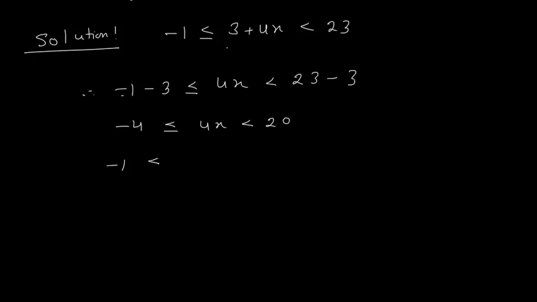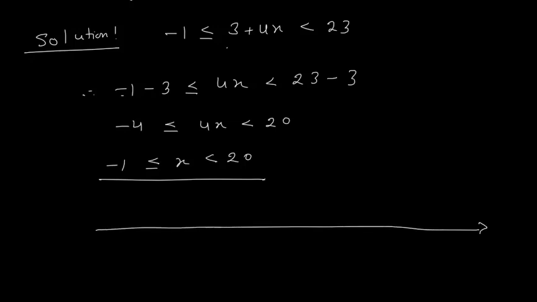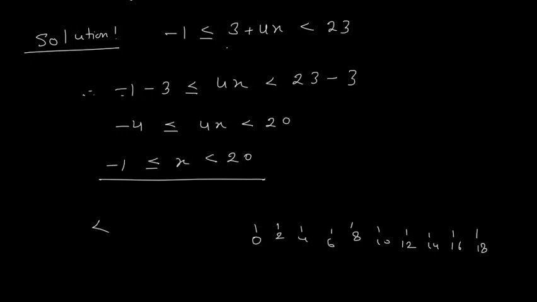Now I have to graph it. That means on the number line I have to plot it. So on the number line, say here we have 0. We can say that this is 2, 4, 6, 8, 10, 12, 14, 16, 18, and then I will show 20.